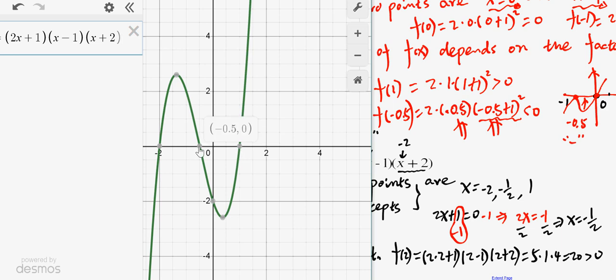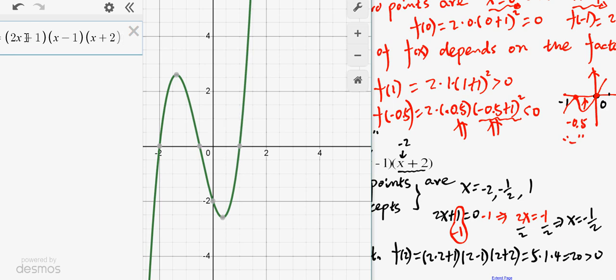Okay, and that alternates. Then from this factor, you can choose a point right here, you may choose negative 1. Then here is the 0 point from this factor.